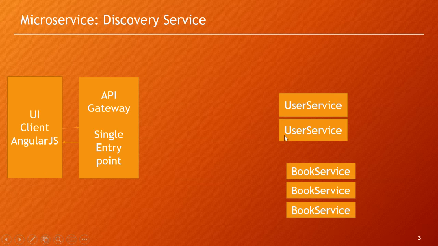So we will add more user services, or more book services, so that the load will be distributed between these applications. And based on demand, we can remove or add these services. That is called elasticity of the cloud application, so that it can balance based on the demand.